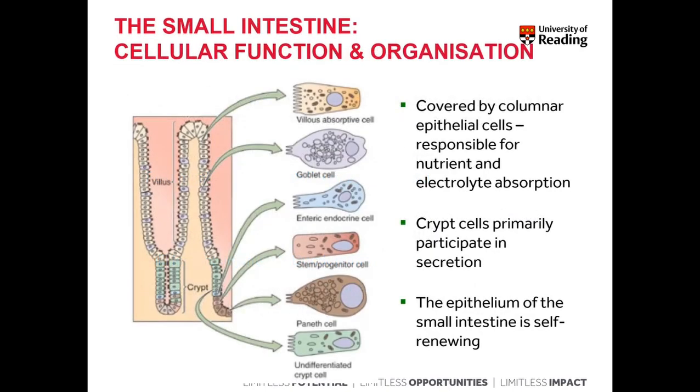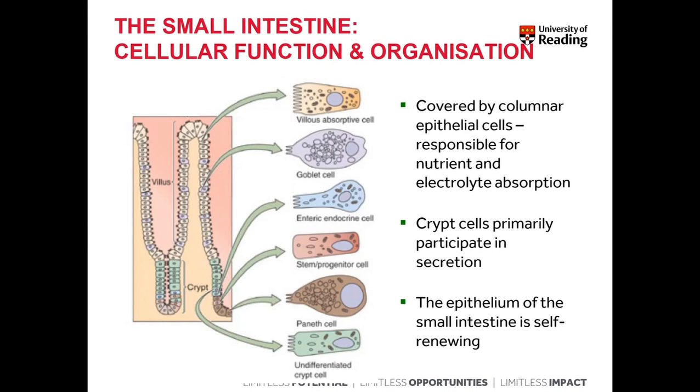And as you can see on the villi, we do have different subpopulations of epithelial cells. The villus absorptive cell, the goblet cell, the enteric endocrine cell, stem progenitor cells, Paneth cells, and undifferentiated crypt cells.